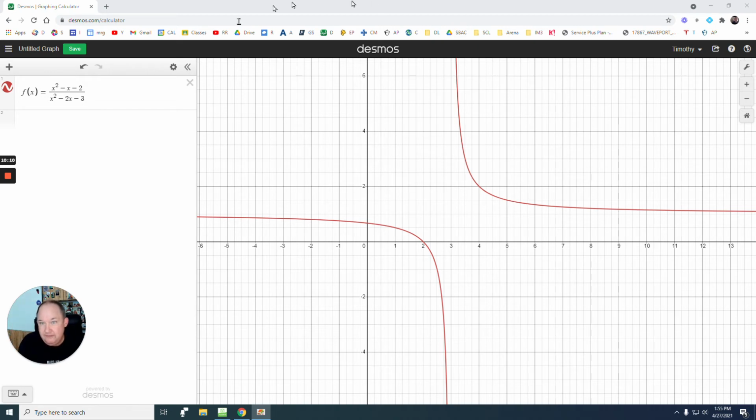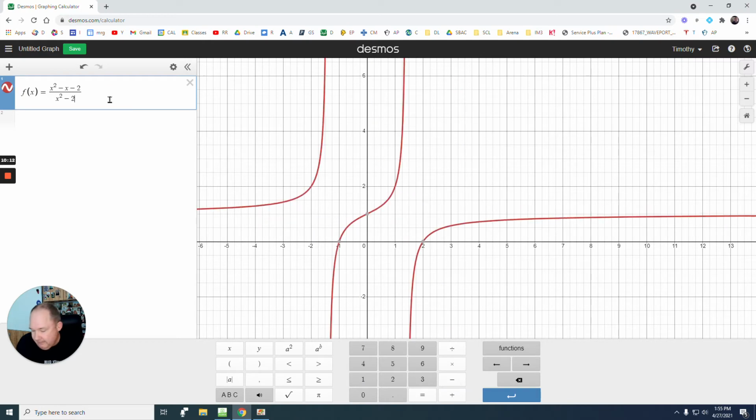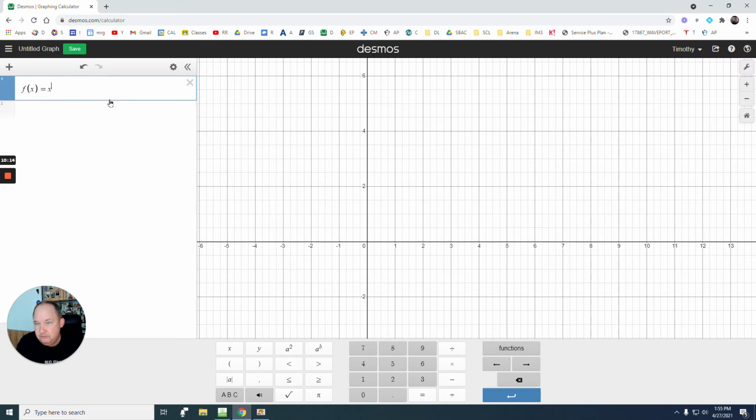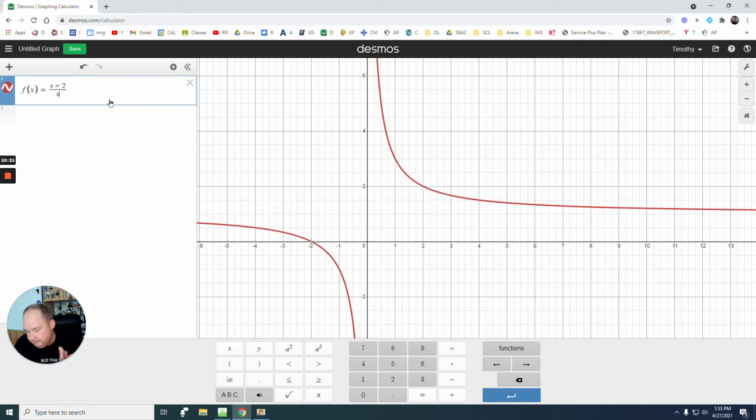Number 11, that's x plus 2 over x. So again, I'm looking for approaching 0 only from the left because of the negative sign. So from the left, it goes to negative infinity.